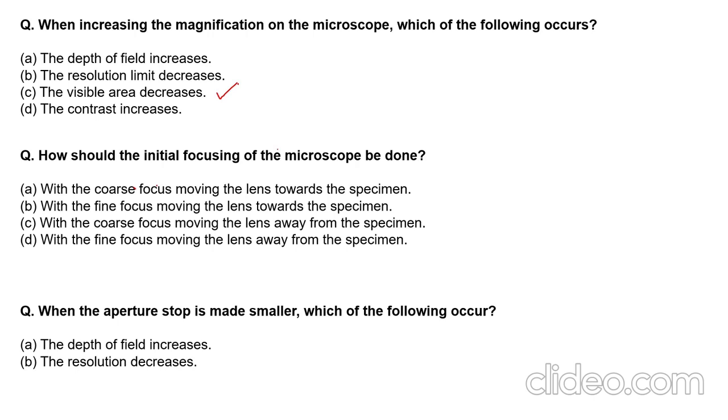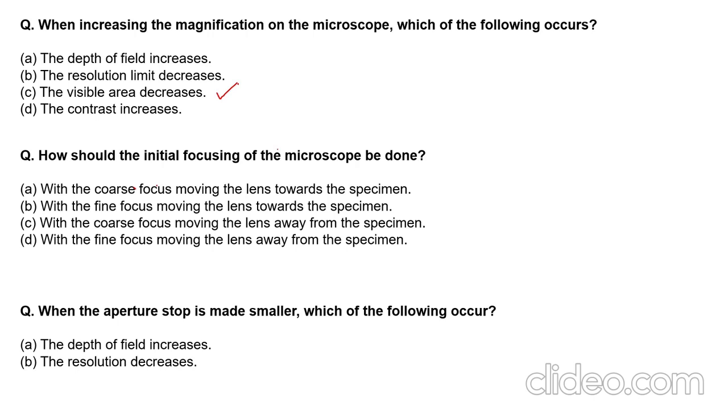Whenever you are going for optical microscopy and changing your objective lenses, you start with your smallest lens, then you go to your higher lenses. As you change your lenses, the distance between the sample and your objective lens automatically changes, because they are of different dimensions.